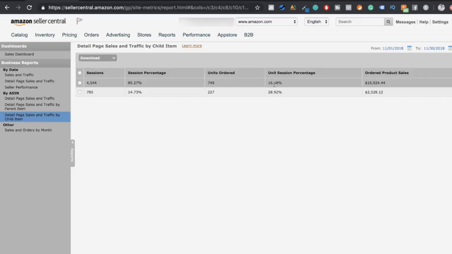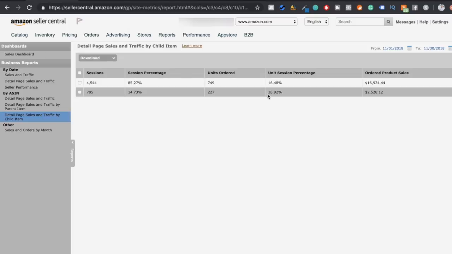But this one right here is probably the most important one, and it's the unit session percentage. Basically what this means is how many people that have visited have actually ended up buying. So about 16.5% of people who went to this listing actually purchased, which is not ideal. And that's an issue. And over here you can see it's almost 29%, which is a lot better.